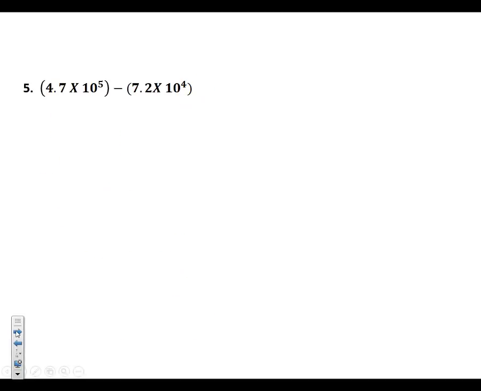And our next example, 4.7 times 10 to the 5th minus 7.2 times 10 to the 4th. Okay, 2 different exponents this time. Let's start with the first one, 4.7 times 10 to the 5th. We're going to change 7.2 times 10 to the 4th into 7.2 times 10 to the 5th. If I take that 7.2 and make it to the 4th, I would go 1, 2, 3, 4.